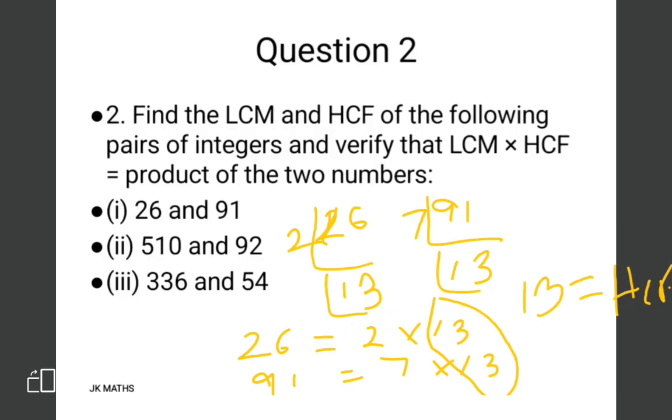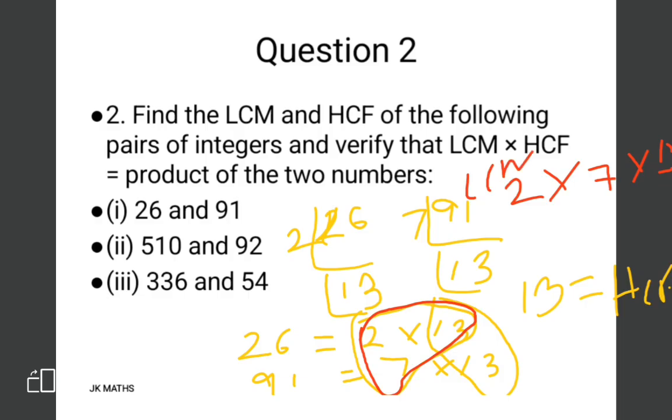See, for LCM we should take 2 into 7 into 13. So this is LCM, I'll show you in a different color. 2 into 7 into 13. So this is called LCM.